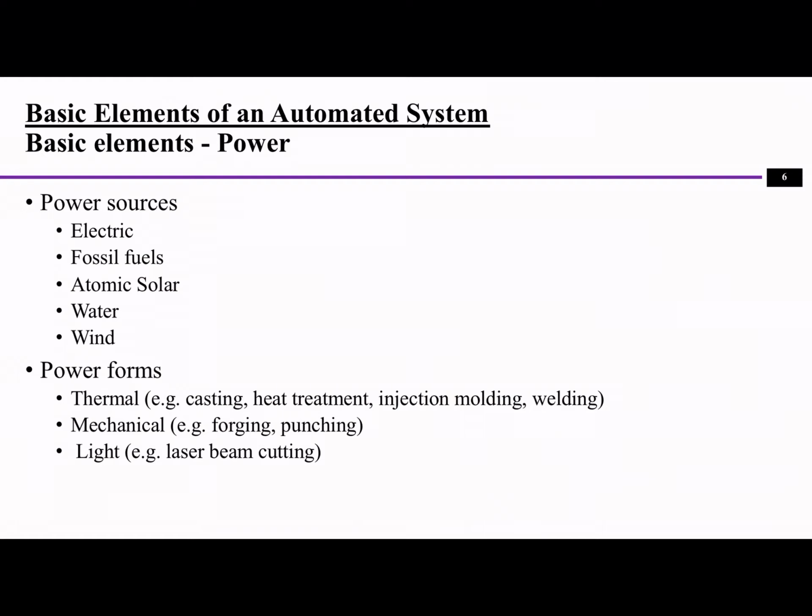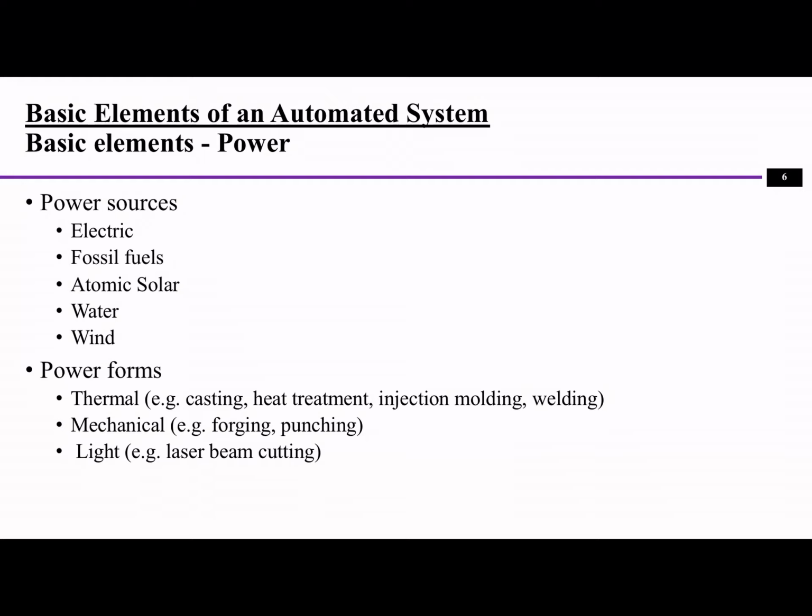It can be electric power, fossil fuels, for example, all these vehicles, and also atomic, solar power, hydraulic like water, and wind power can also be used in production in automation. And general power forms can be thermal power, mechanical power, and also light power.